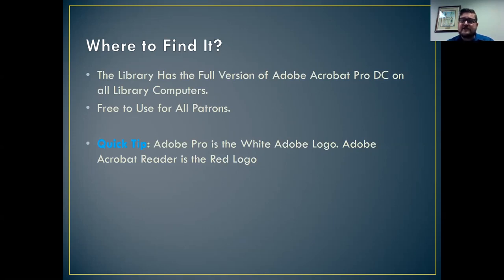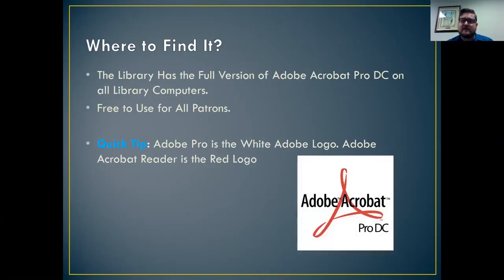Then just a quick tip here: if you have both Reader and Adobe Pro on your computer, you should know the difference in logos, because that's going to be important when you're trying to convert. Adobe Pro is going to be the white Adobe logo. Maybe not with the Adobe Acrobat Pro DC words there, but it's typically the white logo on a red background.